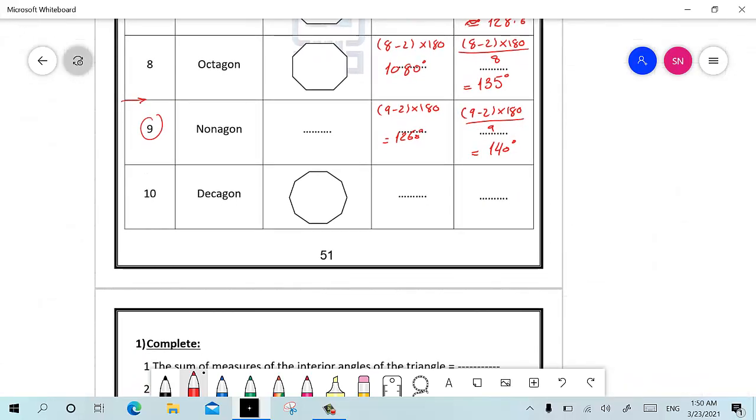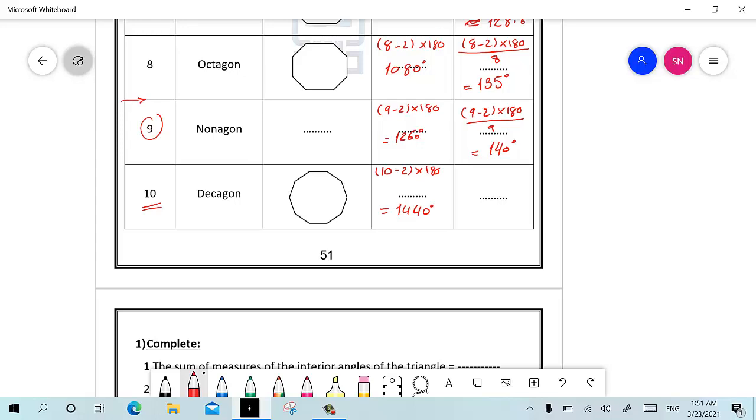The last one here in page 51 is number 10. I have a polygon which has 10 sides. To find the sum of interior angles, I'm making 10 minus 2 times 180, and this is going to equal 1440. This is the sum of all the 10 angles inside of the 10-side polygon.